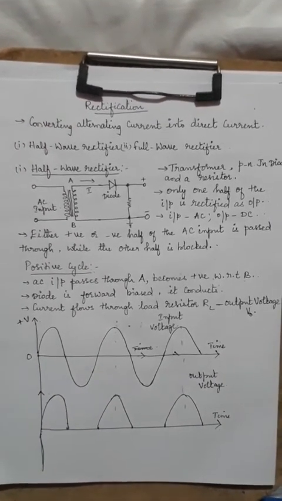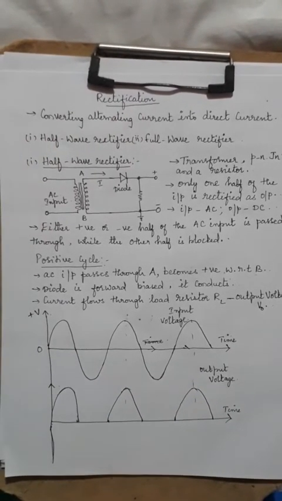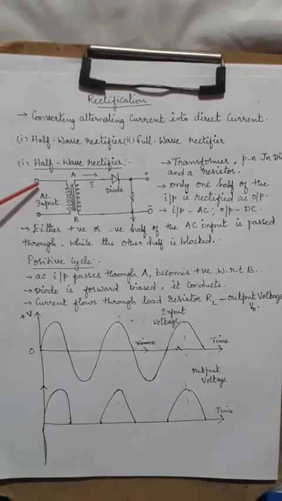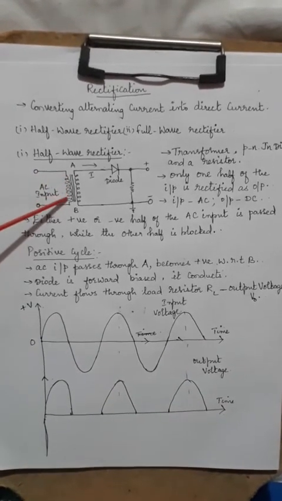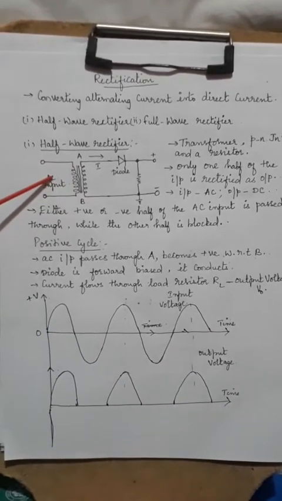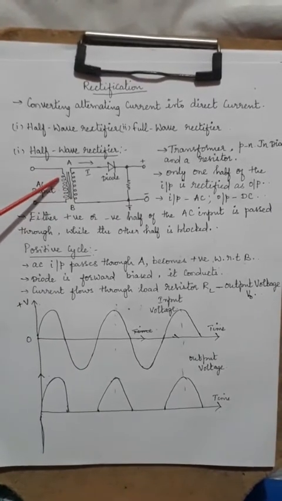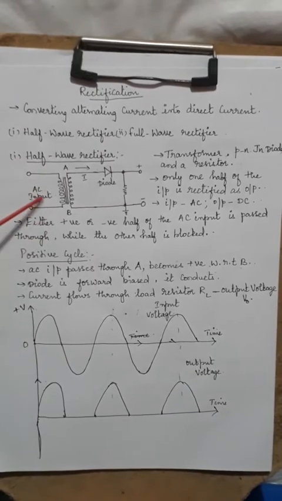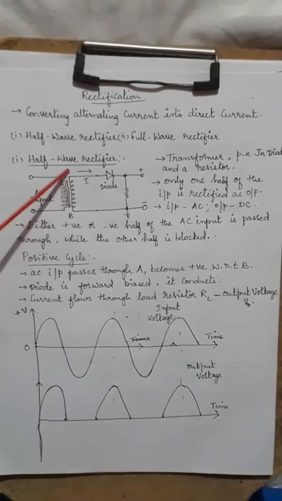Again, there are two kinds of rectifiers: half wave rectifier and full wave rectifier. Now what is a half wave rectifier? Here you have an input signal. The input is an AC input given through a transformer. This sign says that it is a transformer. So the circuit has an input signal given through a transformer, and then it is given to a diode.